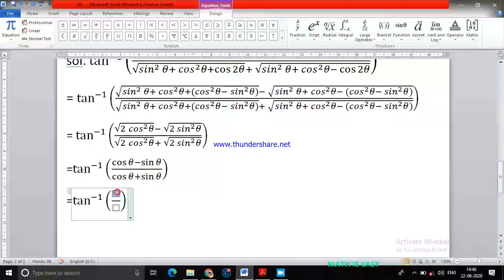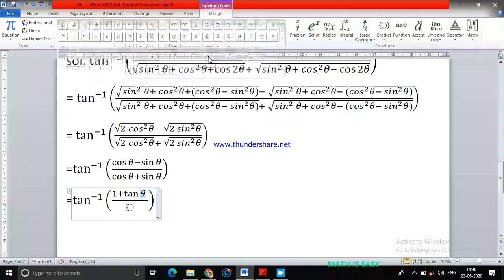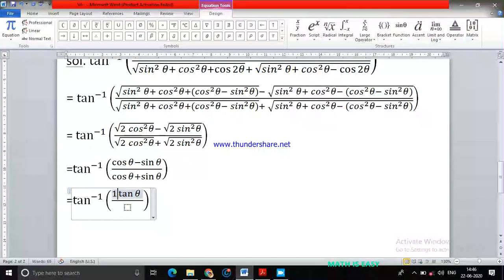Here you have to divide each and every term with cos theta. So you will get 1 minus, sorry, this has to be minus sign, 1 minus tan theta upon 1 plus tan theta, since sin upon cos is tan theta.